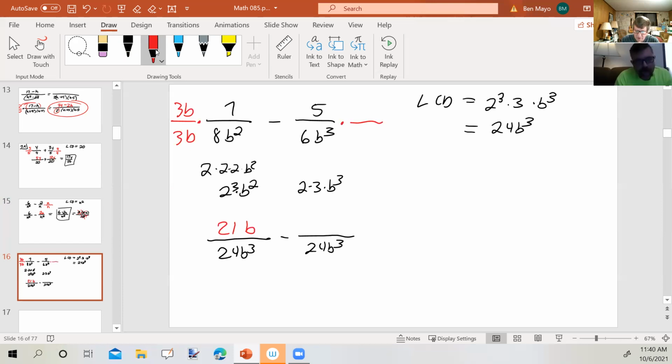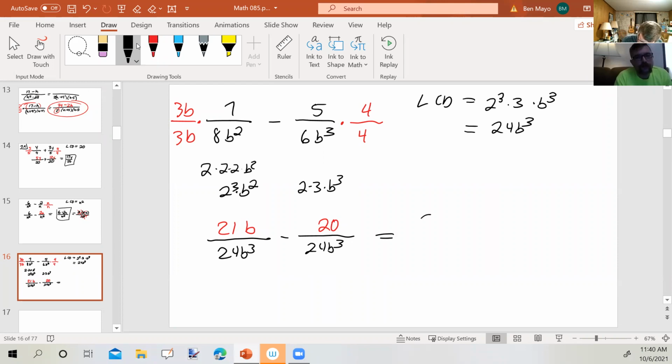I need to change 6b cubed into 24b cubed. So I need to multiply the denominator by 4 and the numerator by 4. So my new numerator is 20. So 5 over 6b cubed becomes 20 over 24b cubed. So now I'm subtracting two fractions with the same common denominator.